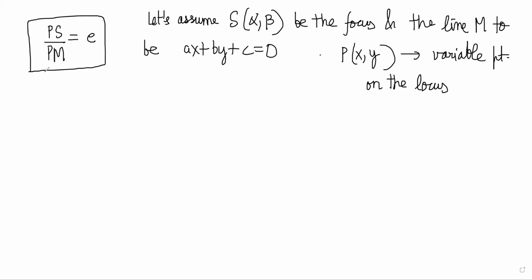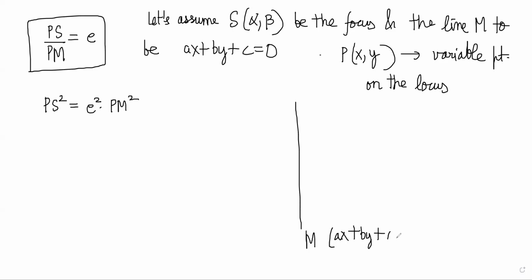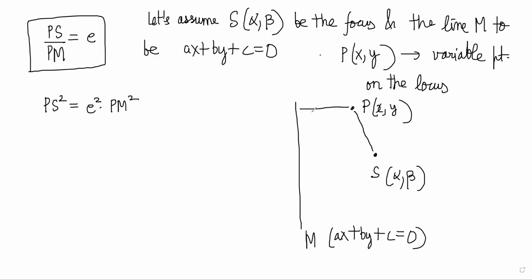So what we will do is we'll simply try to simplify this. We'll say PS square is equal to E square into PM square. And if I draw the situation, like this is my line M, which is basically AX plus BY plus C equals 0, and my S is somewhere here, which is alpha comma beta, and P is somewhere here, X comma Y. Then obviously this is my distance PS, and this is the perpendicular distance PM, right?